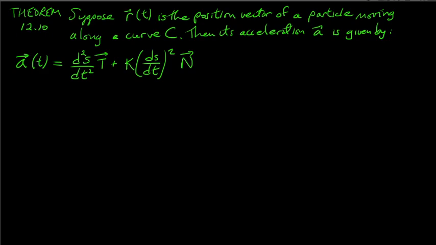It's the second derivative of s, remember, s is the arc length parameter, times the unit tangent vector T, plus k, the curvature of the curve, times the first derivative of s squared. So that's the speed squared, times the principal unit normal vector N.